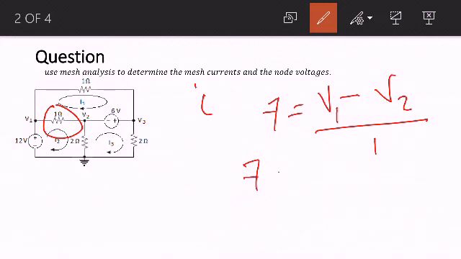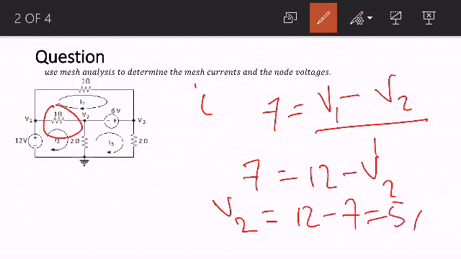Remember what we got for V1 is 12, then minus V2. V2 is what we are looking for. So we can now have that V2 is equal to 12 minus 7, which is equal to 5.